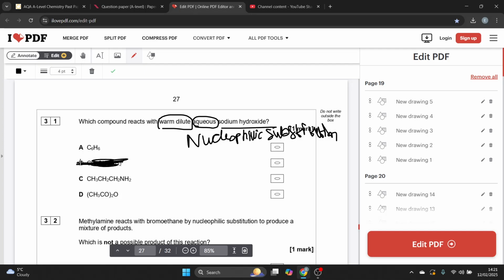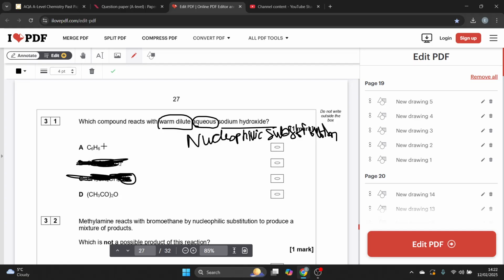But it definitely can't be B because that's an alkene. It definitely can't be C because that's what's formed, the NH2, so that can't react with sodium hydroxide to undergo nucleophilic substitution. I'm left with A and D.